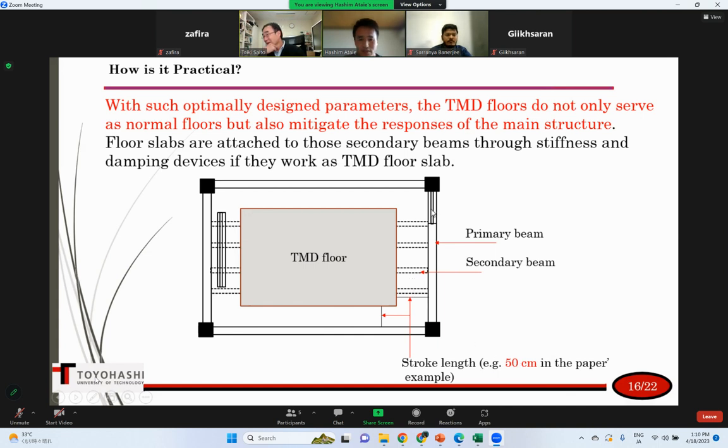You think so? And for example, if this is the door of your office, Sensei, how can you reach this TMD floor? There would have to be a hole, for example. Then I think it's not practical, but if I don't understand, I don't know.